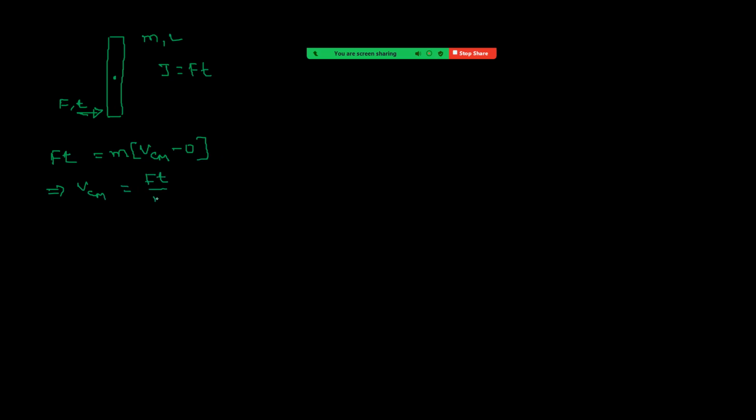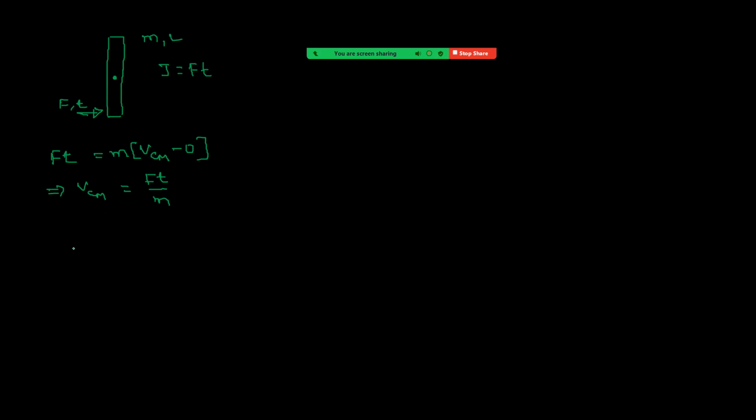Okay. Next, see what we have to calculate: the angular speed of the rod about the center of mass. When we apply force at one end, rotation will be about the center of mass of the rod. Just now we have discussed, we conserve angular momentum about the axis the body rotates.